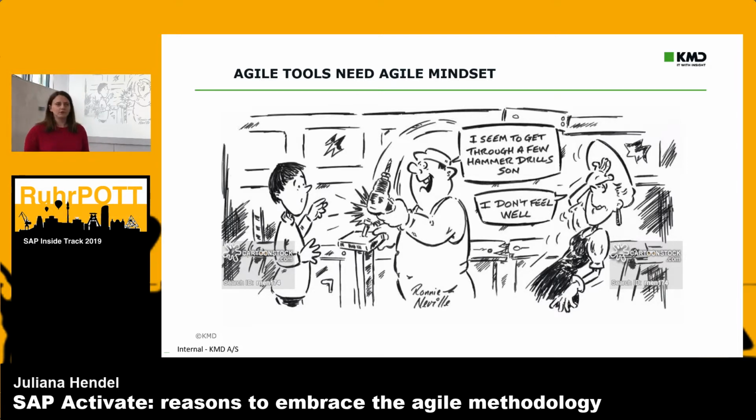And just think about it this way: if you've been playing the guitar your whole life and you know how to play the guitar, and I suddenly give you a violin and ask you to play this violin using the same technique you used to play the guitar, so I'd ask you to strum the violin, and you'll try to strum the violin, but the sound will be all wrong because you are using the wrong technique, the wrong method. If you work with agile tools using old waterfall ways, you will get results that are not desired.